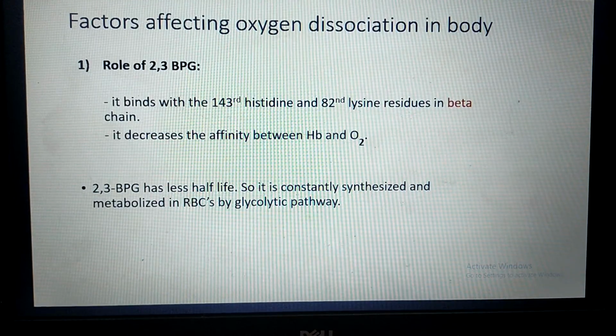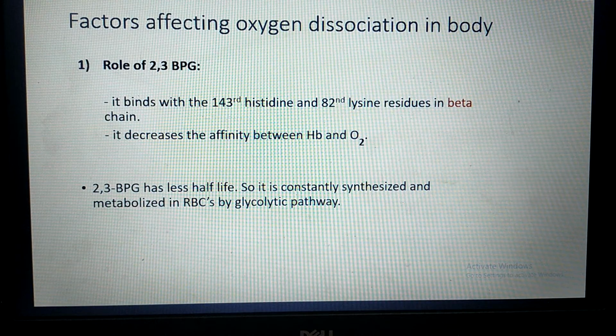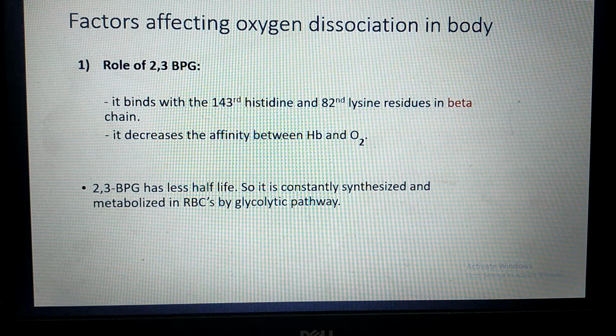Now we will study the factors which affect the oxygen dissociation in the body. The first and most important factor is the presence of 2,3-bisphosphoglycerate or BPG in the body. This 2,3-BPG is absent in vitro, outside the body. This 2,3-BPG binds with the 143rd histidine and 82nd lysine residue in the beta chain.